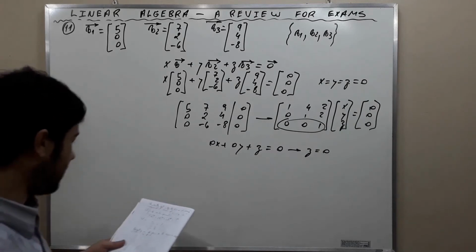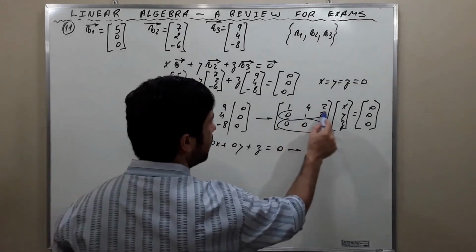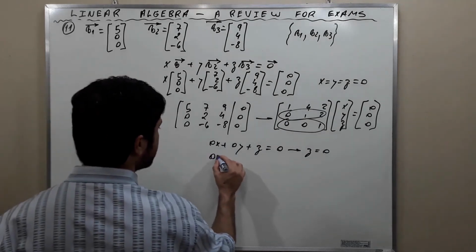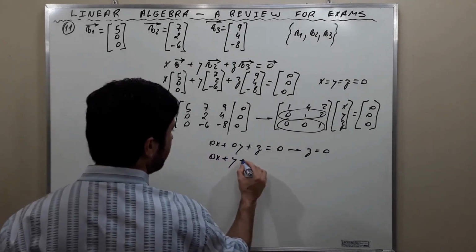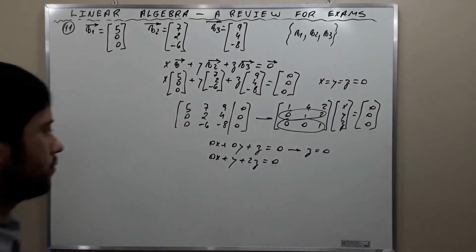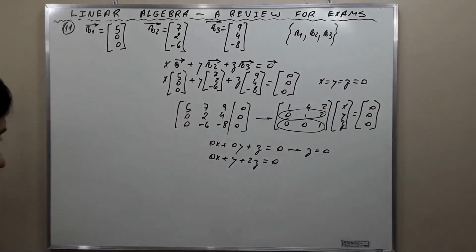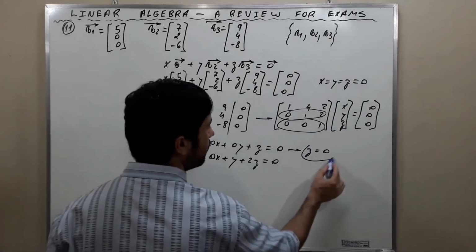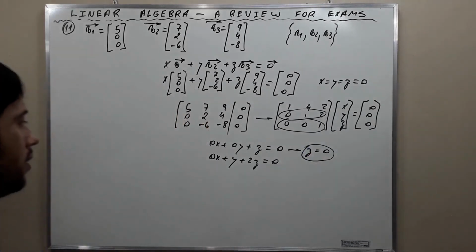And let's inspect this row here. 0x plus y plus 2z equal to 0. Okay, z is already 0, we have already stipulated that z has to be equal to 0.